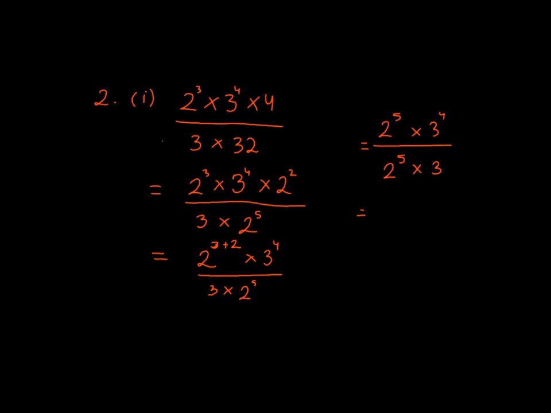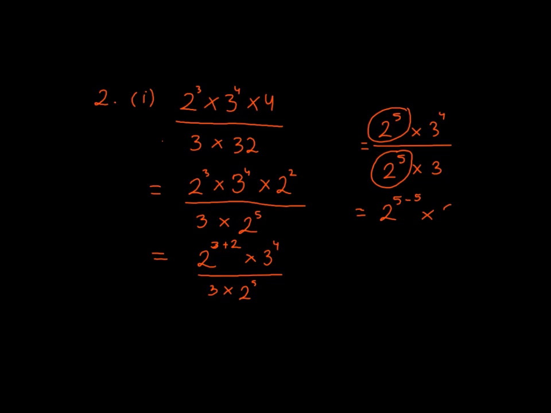Now, these powers will be subtracted. 2 raised to power 5 minus 5, because here 2 raised to power 5 is getting divided by 2 raised to power 5. The same bases are getting divided, so the powers will be subtracted.